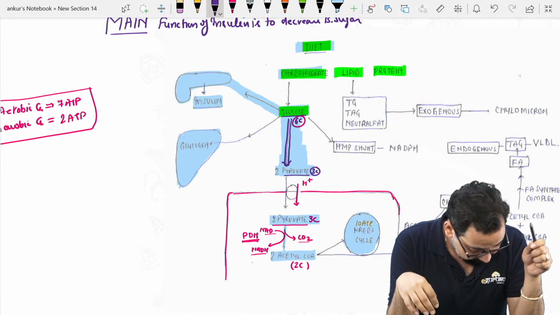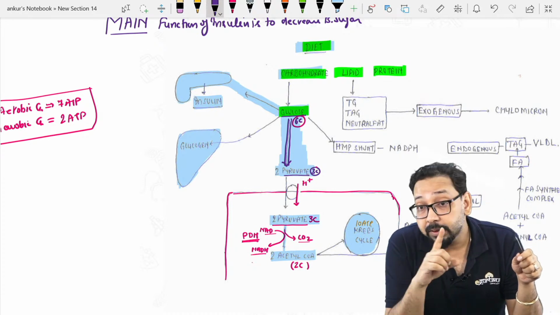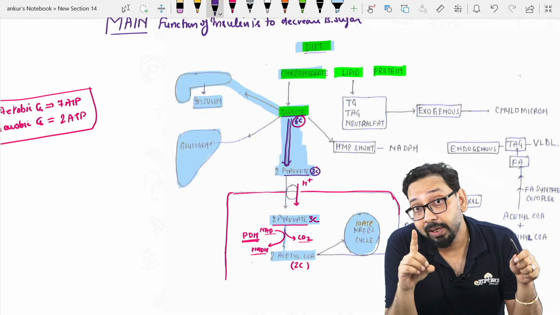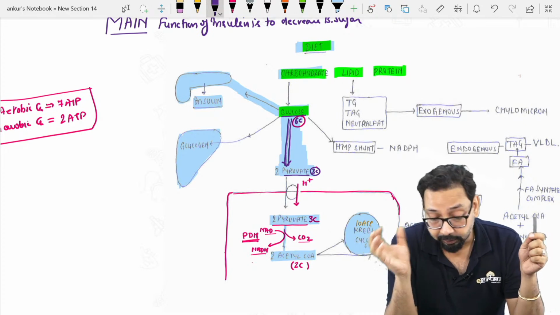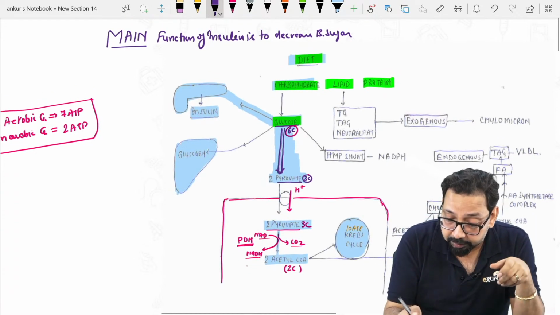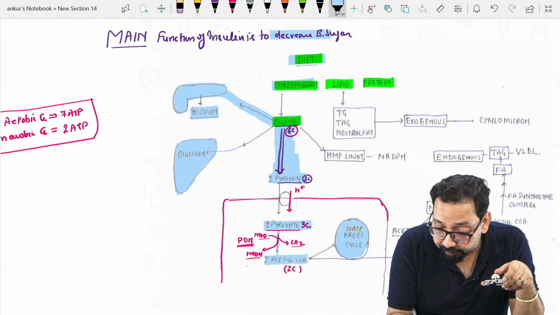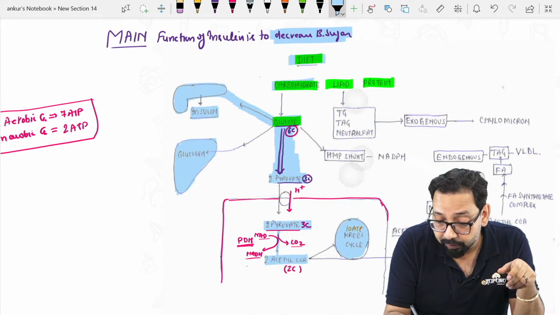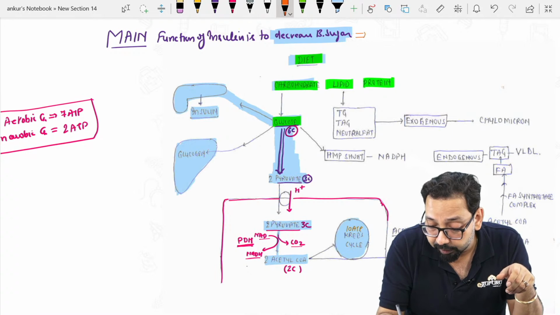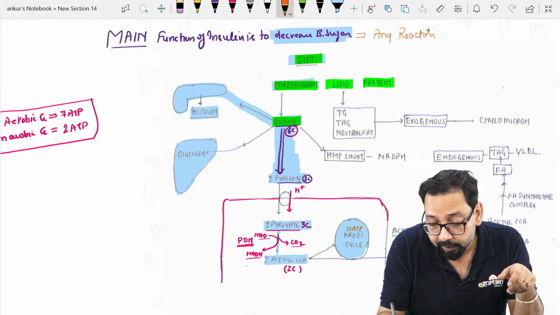So it is decreased. It is decreased means insulin will activate glycolysis or inhibit glycolysis? Insulin wants to decrease blood glucose, and any reaction which decreases blood glucose is activated by insulin.